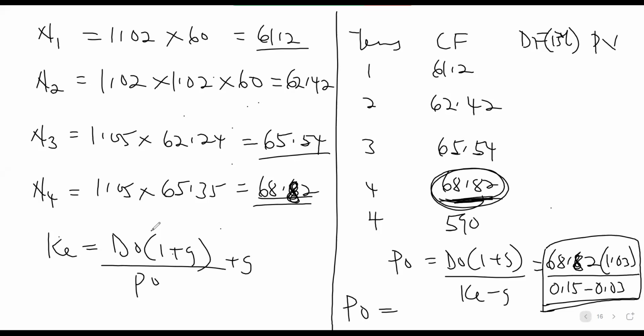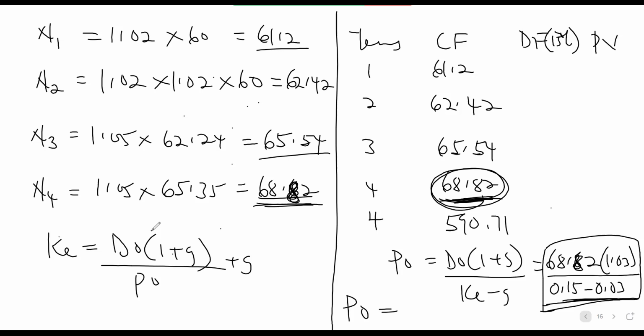I'm getting, now it should be 68.82 because we have changed this figure to 82. 68.82, and the discount rate will be 12%. Yes. 0.82 times 1.03 divided by 0.12. Okay, so 590.71.